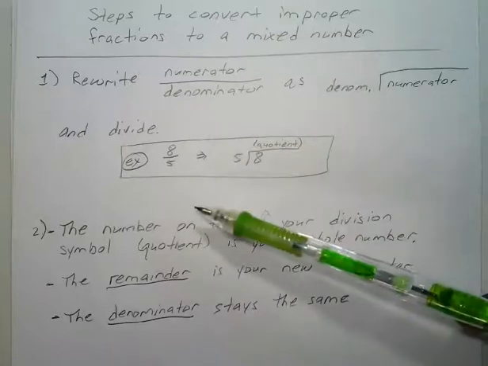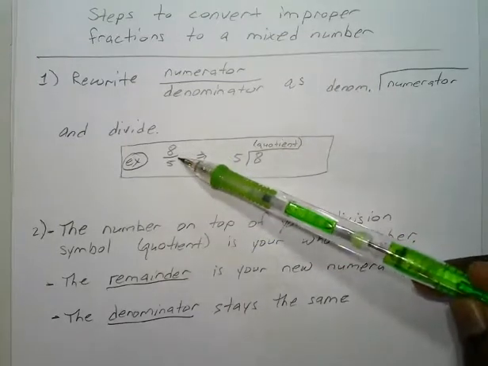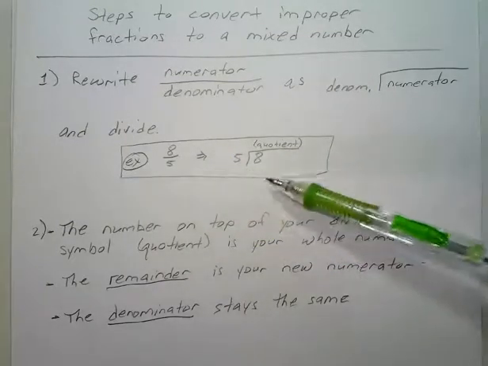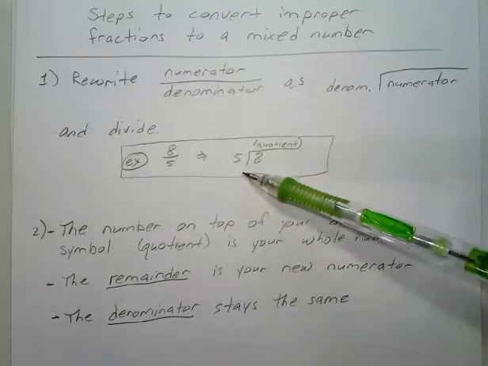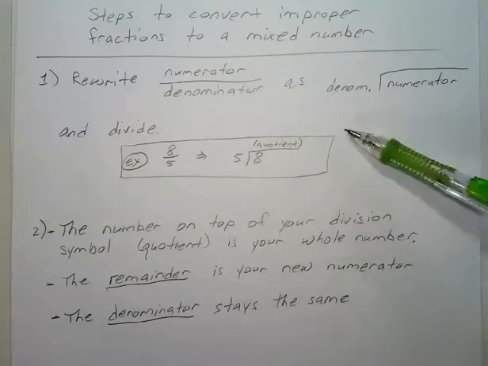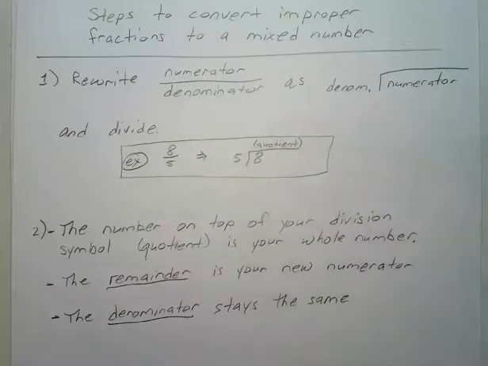The way I usually remember it is, I talk it through: we have 8, and I use my symbol as divided by, to remind me to do that, 5. You'll see me do that a few times on the examples.